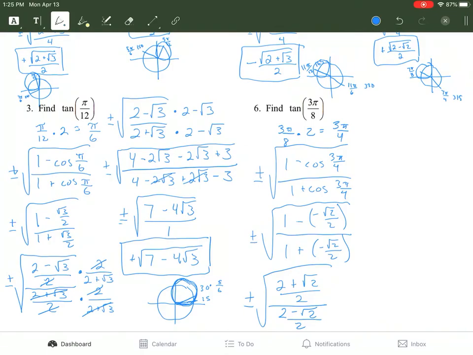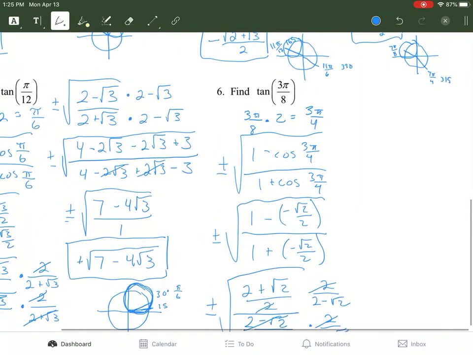Just like before, we have this complex fraction, so we multiply by its reciprocal to get it to the top of our fraction. All this stuff cancels, and then the 2's cancel.